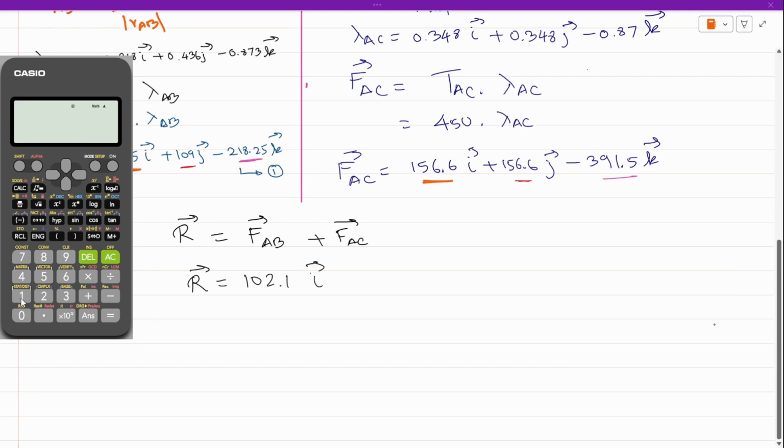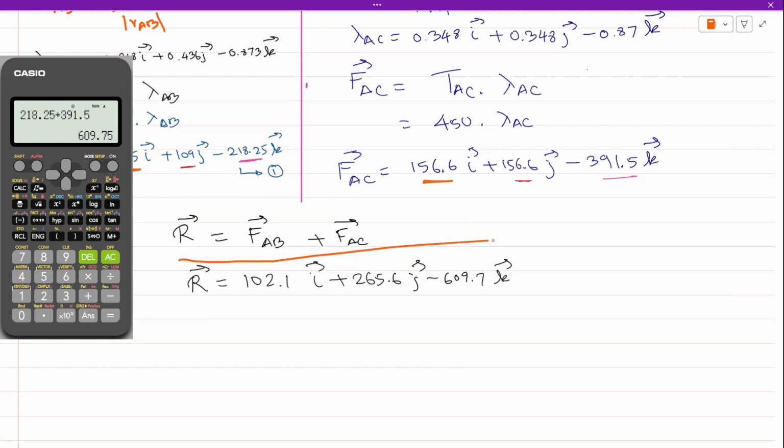Next, 109 plus 156.6, totally we are getting 265.6, so plus 265.6 J vector. Both K components are negative, so we add both: 218.25 plus 391.5, giving minus 609.7 K vector. So this is our answer.